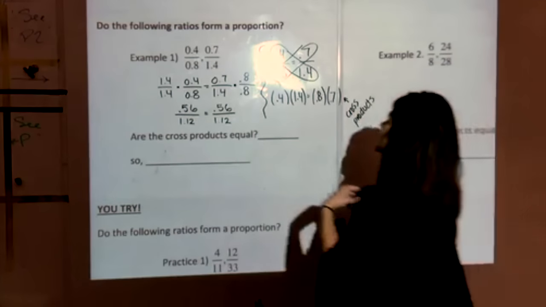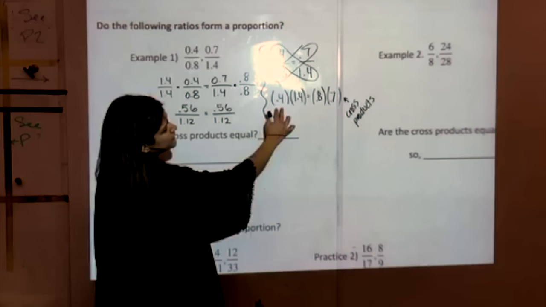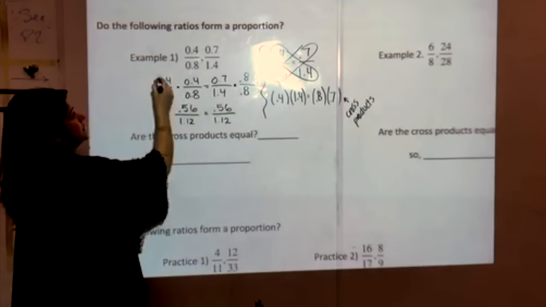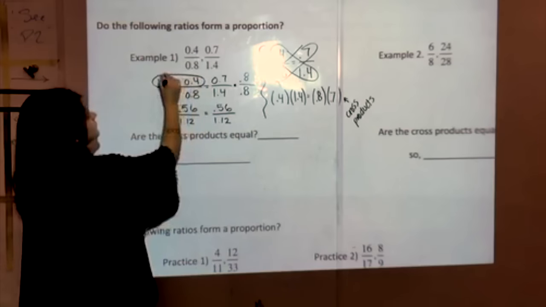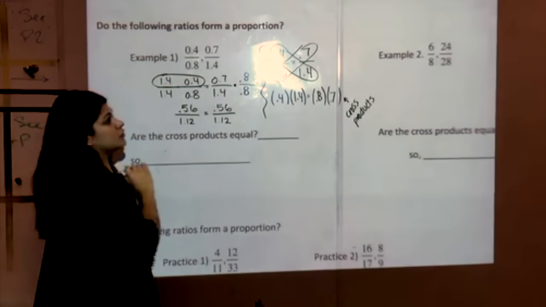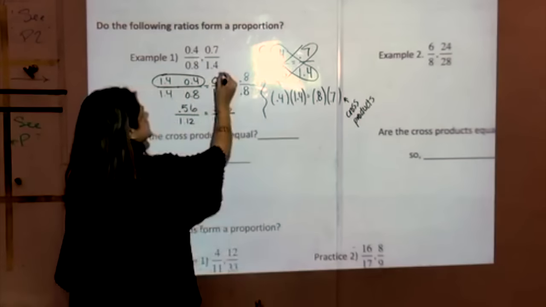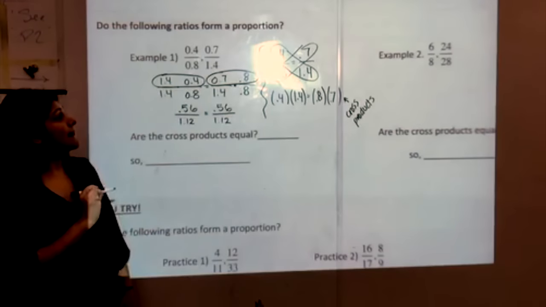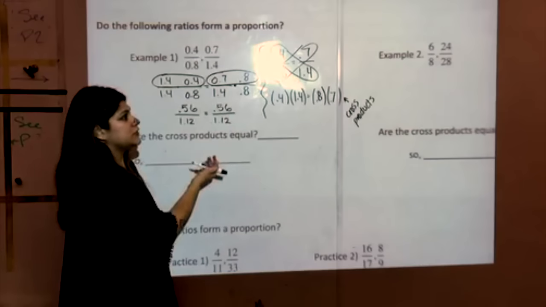Now, if you look right over here, we can see that 0.4 and 1.4 are multiplied. That happens right here. We can also see that 0.8 and 0.7 get multiplied as well. And that happens right here. Since our denominators are the same already, we don't have to worry about them.